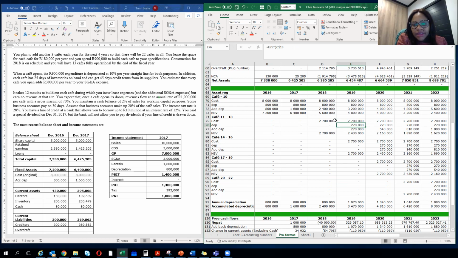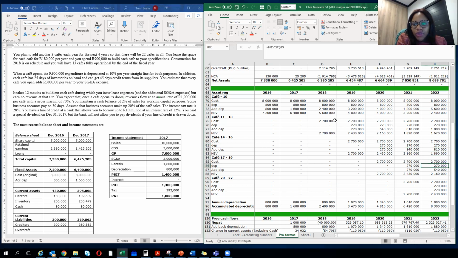At 10% will be 270,000 depreciation each year. Same with the following year. You start building that year, it's not in use yet. It starts getting used in 2020. So your depreciation for those 3 stores will be the 900,000 times 3, which is 2.7 million, for 3 years.